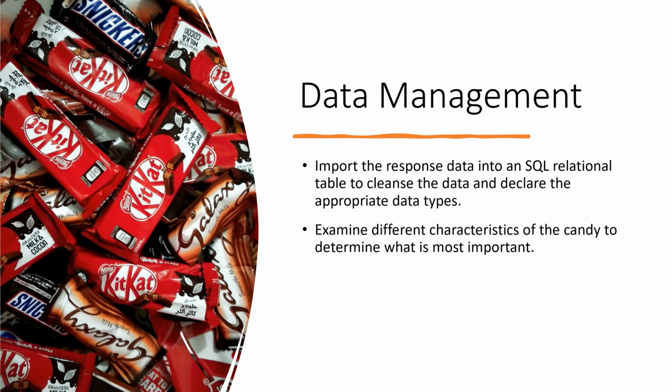After the survey is administered, data is collected, and in this case, we would import it into an SQL database, and we would record each winning percentage of candies, and then we would look to identify characteristics of the candy to gain further insight as to what characteristics lead people to like one candy versus another.